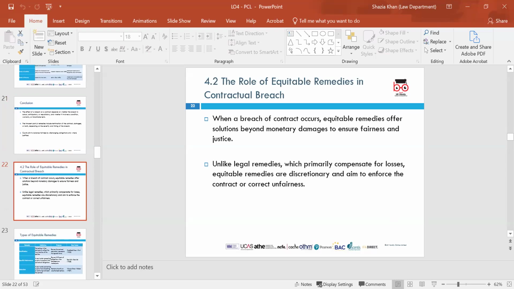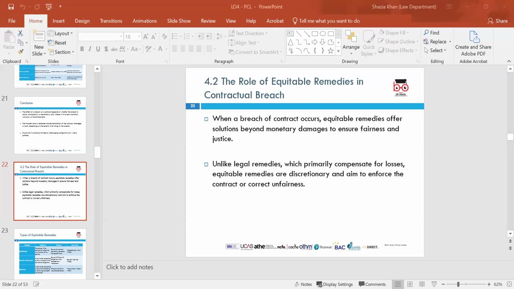So, 4.2, the role of equitable remedies in contractual breach. Equitable remedies play a crucial role in contractual breach by providing an alternative solution beyond mere monetary compensation to ensure fairness, allowing courts to address situations where damages alone would not achieve justice, often by compelling a party to fulfill their contractual obligations through measures like specific performance and injunctions, depending on the unique circumstances of the breach.